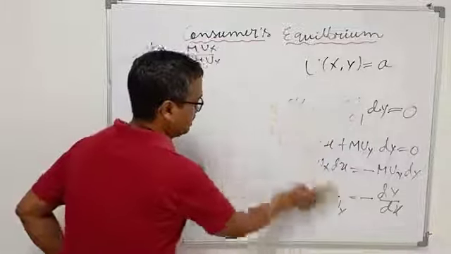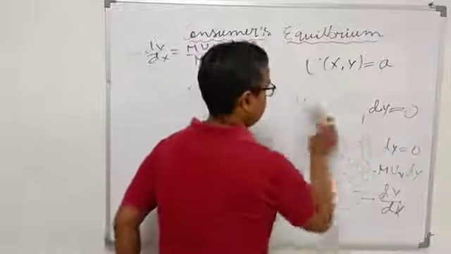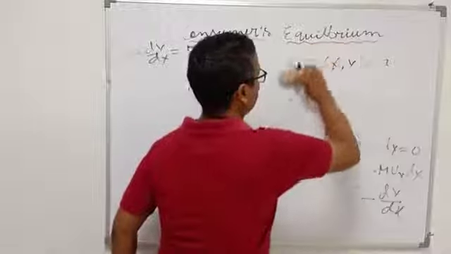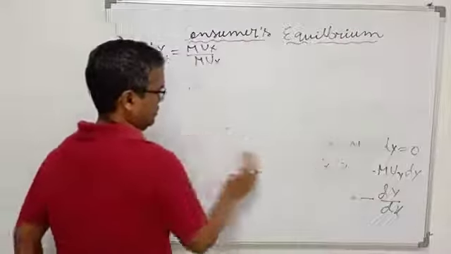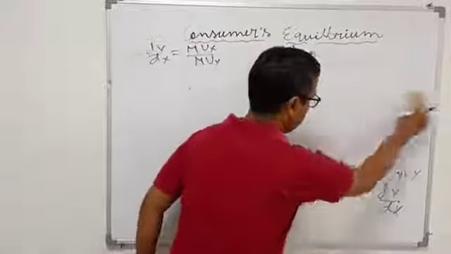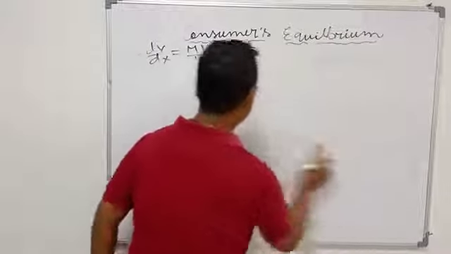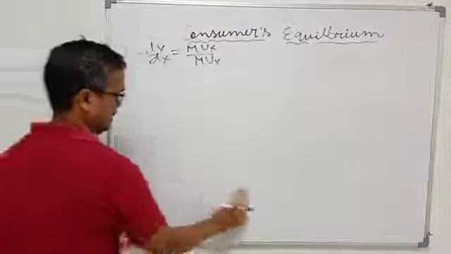Because our target is to derive the consumer's equilibrium, we know that at the equilibrium point the condition is that the slope of the indifference curve would be equal to the slope of the budget line.